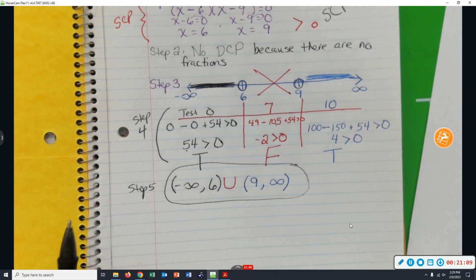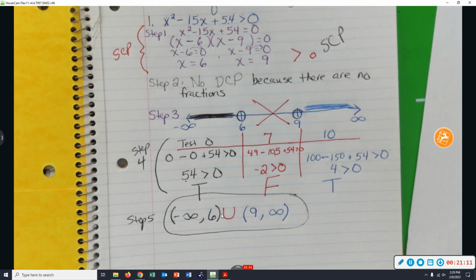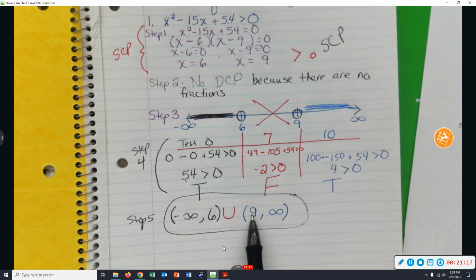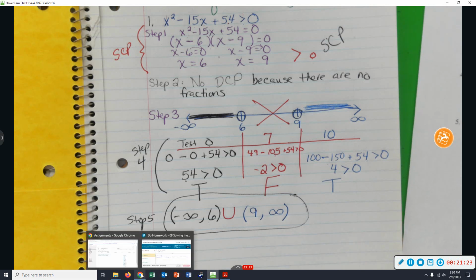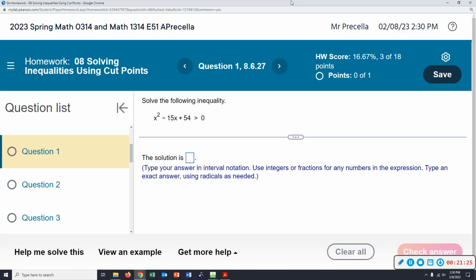So, in words, what's the solution? Every number between negative infinity and 6, not including 6, and every number between 9 and infinity, not including 9. And I don't even need to say not including infinities, do I?